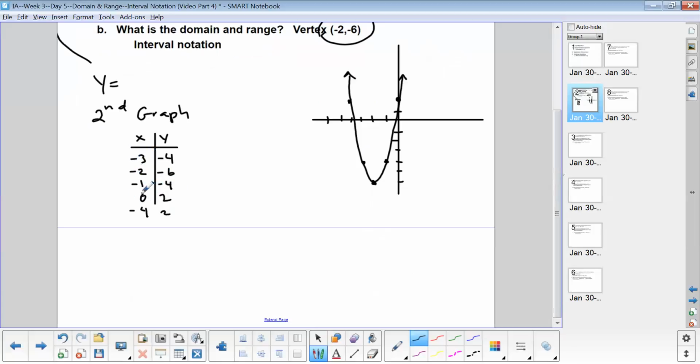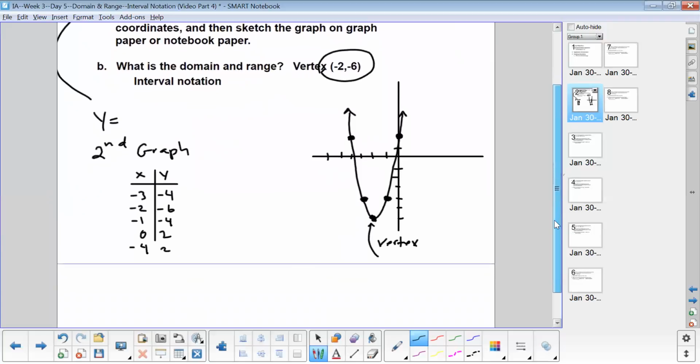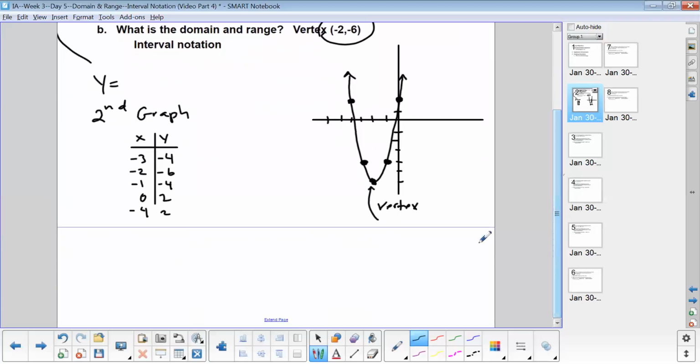So about 5 data points, X and Y points, that'll allow me to see a picture of the graph, and you can see that it creates a curve and that this is your vertex. And we'll get specific on how to calculate that later on in the semester, but in this case I gave it to you, and now I want to know what the domain and range would be.